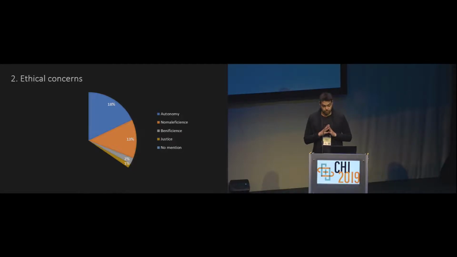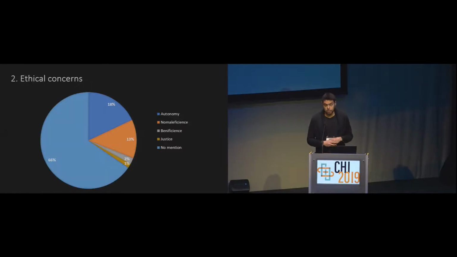So very few went all the way into what we think would be a very informed ethical discussion. However, the most striking finding is that 2/3 of the reviewed papers do not mention any ethical concerns or values at all, which we thought was a bit disconcerting given the heightened vulnerability of people living with affective disorders.